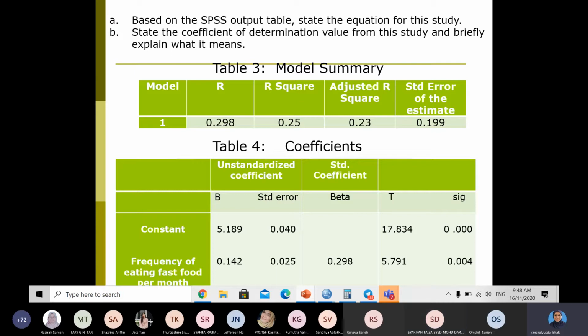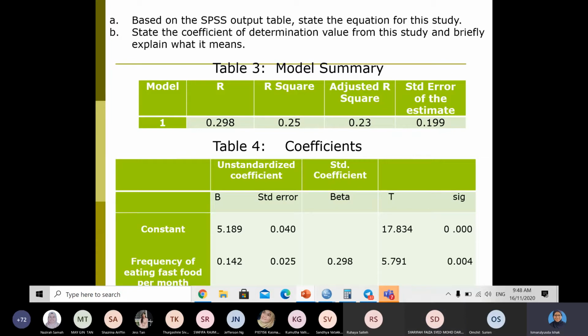So what is the slope? From the B. 5.189 plus 0.142x. Yes, betul.